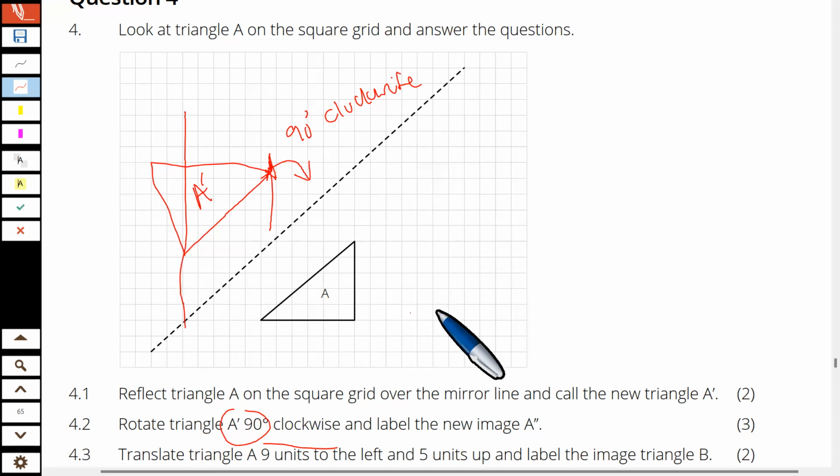But if you rotate 90 degrees, the other one is going to be like here. Right, so you can rotate it like that so that it sits that way. And if you do that, it will sort of be on the other side of the line.